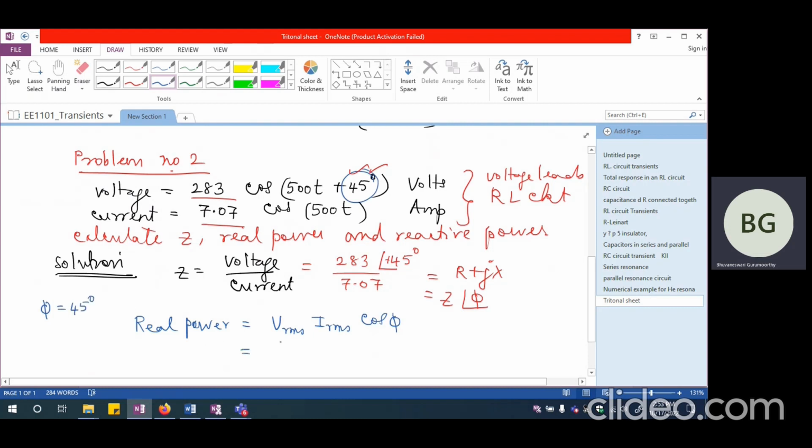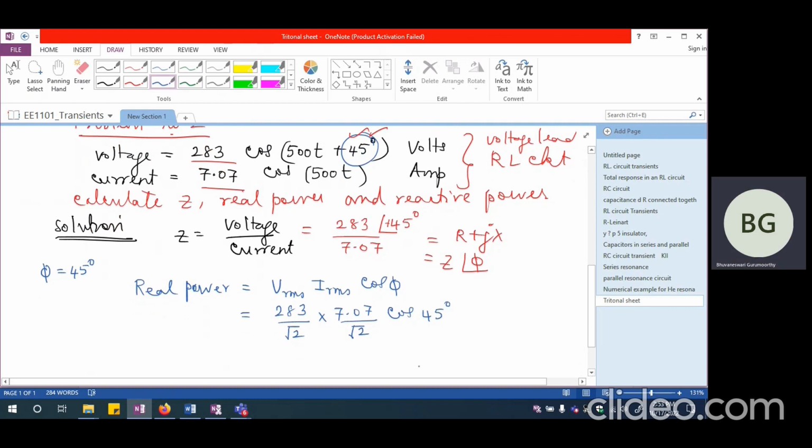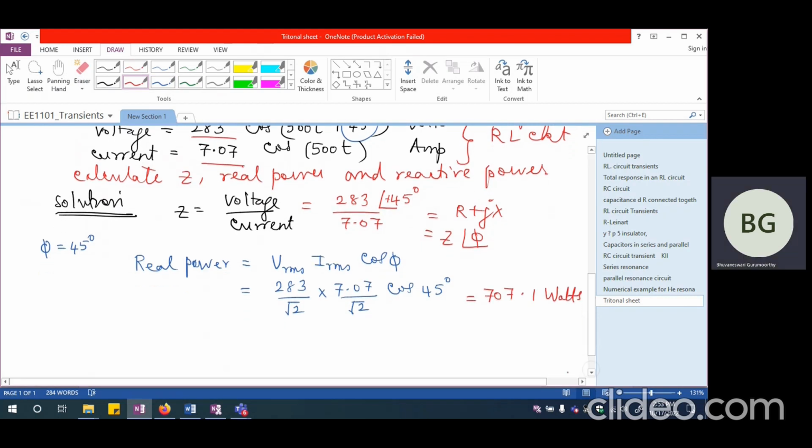So this is going to be 283 divided by root 2, and 7.07 divided by root 2, multiplied by cos of 45 degrees. This is real power in watts, and this comes out to be 707.1 watts.